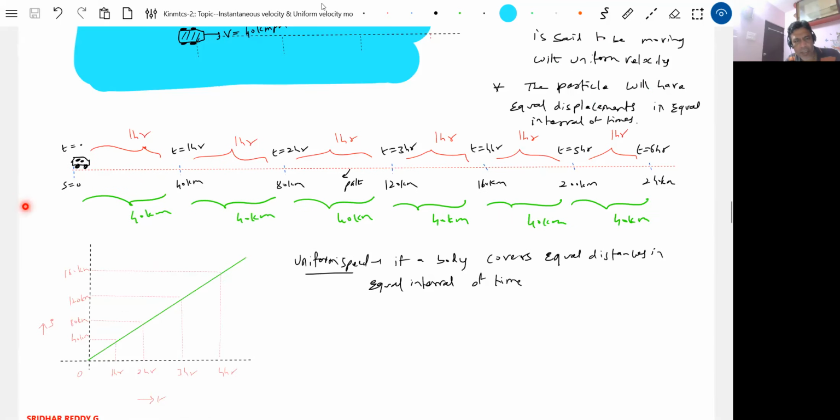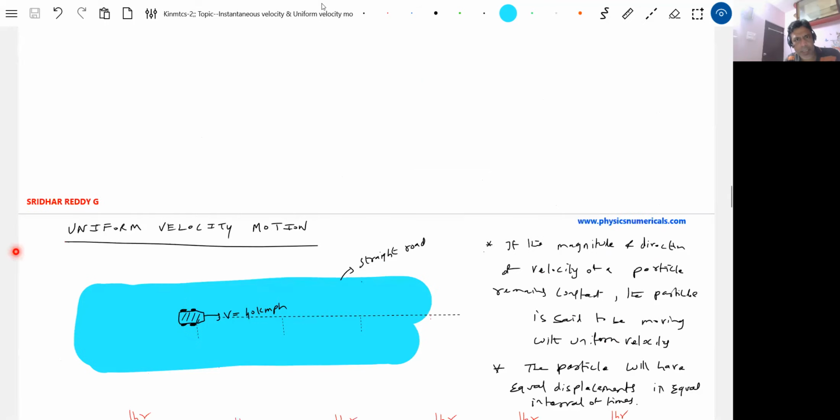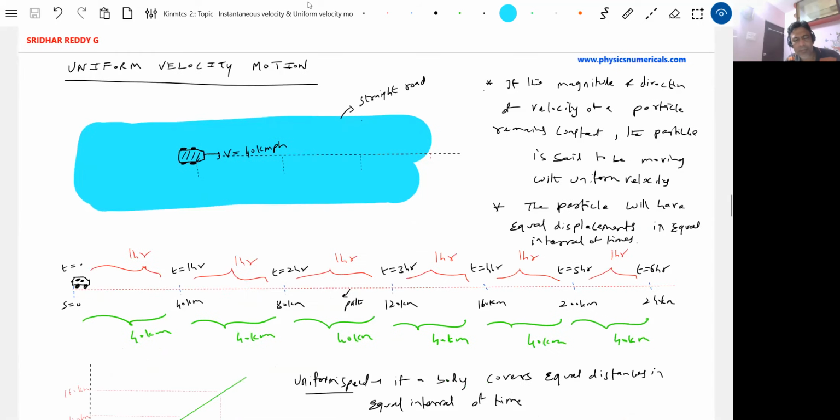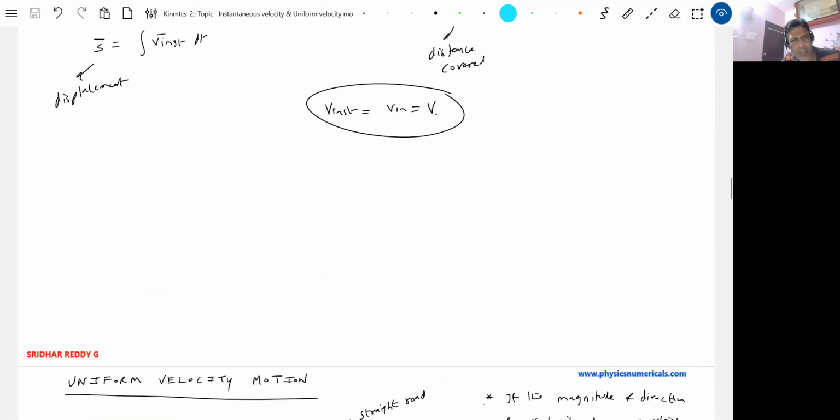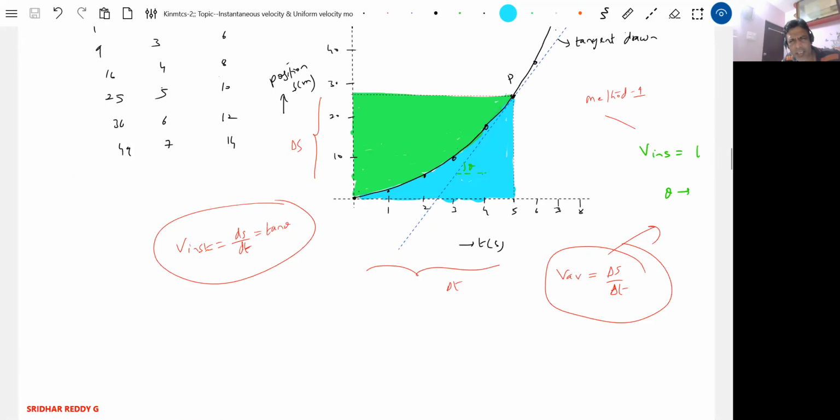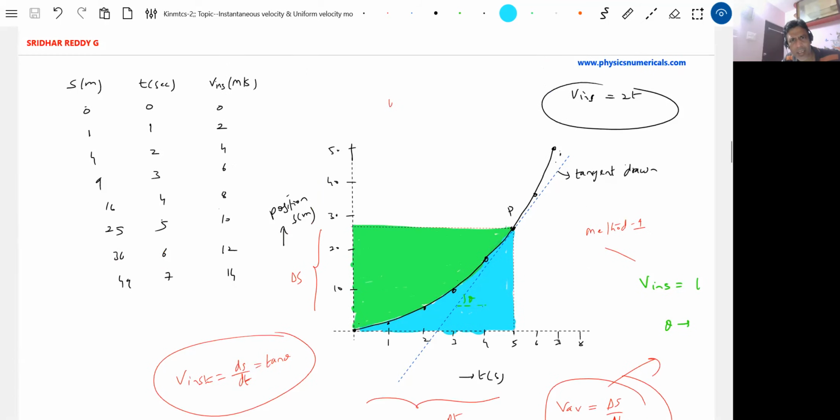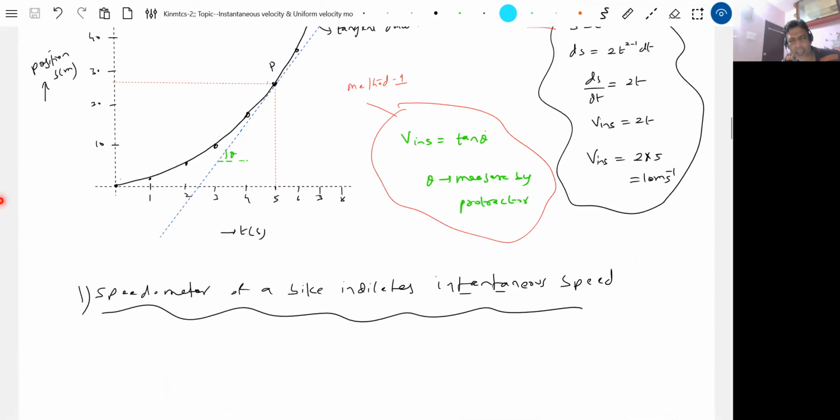All these things we have covered. In the next class, we will take the help of numericals on uniform velocity motion. I think this will be the very interesting part.